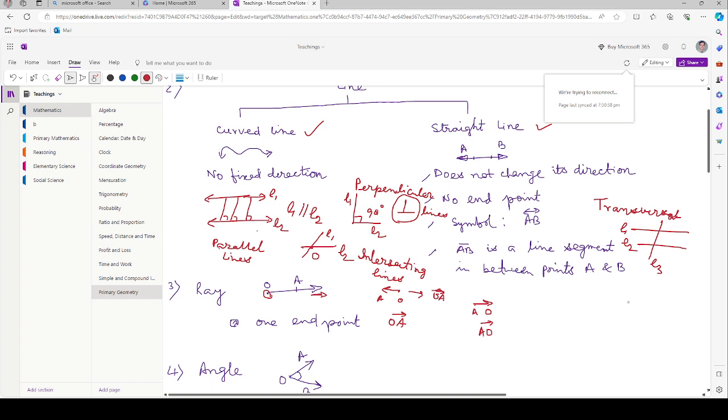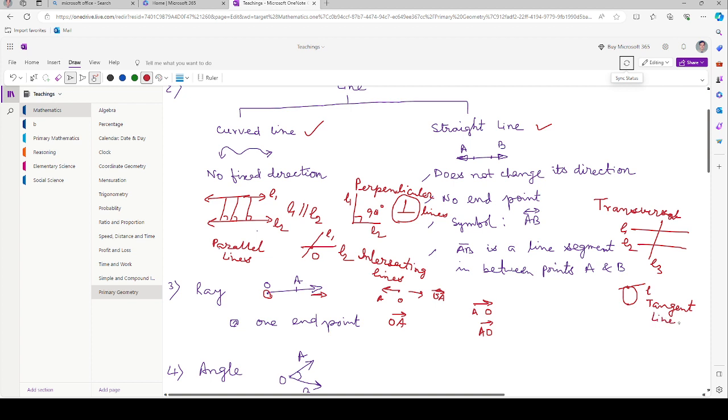For a circle, if a line touches a point of a circle, then this line is known as tangent line.